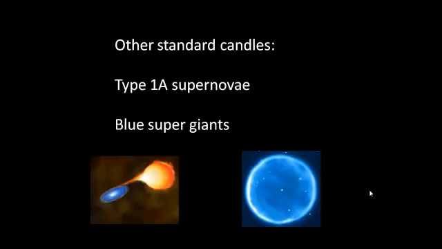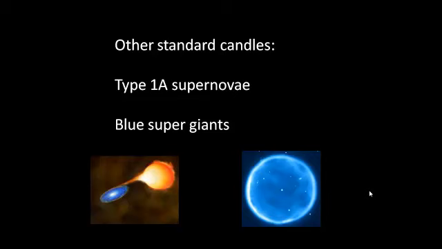Okay, Cepheid variables aren't the only standard candles, there are other ones. Type 1a supernovae are standard candles. This is where we have two stars, a binary system, typically a small, very dense star and possibly a red giant, and the small dense star is gobbling up the red giant.